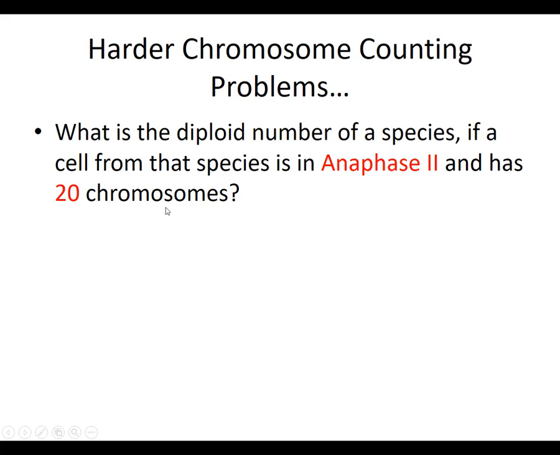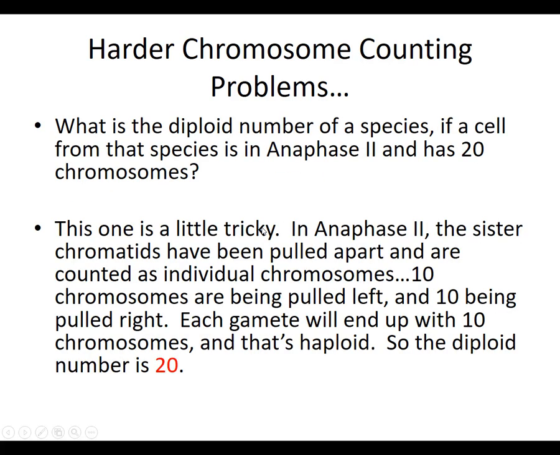If you backtrack, if you think backwards from anaphase II, go backwards to metaphase II, 20 chromosomes in the monad form is really 10 chromosomes in the dyad form. But metaphase II is a haploid cell, so then you double that number and the answer is 20.